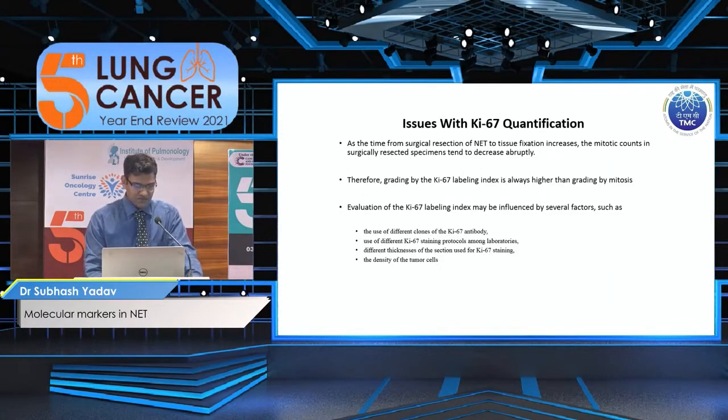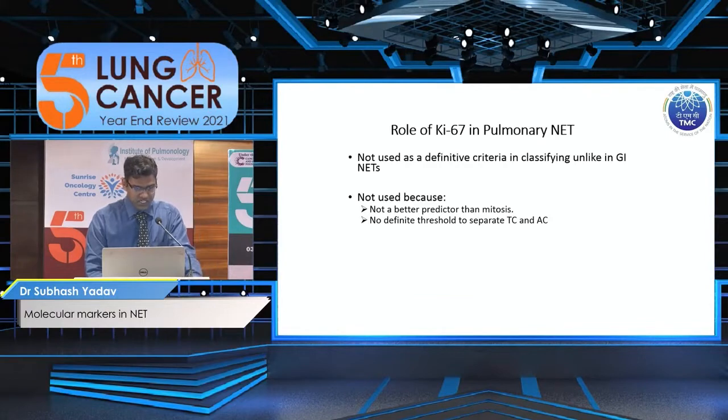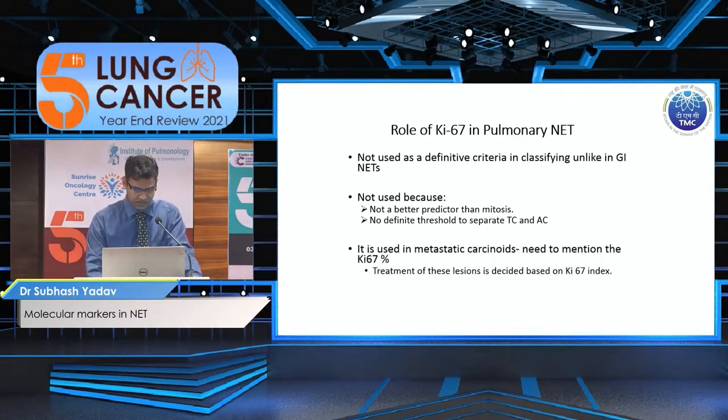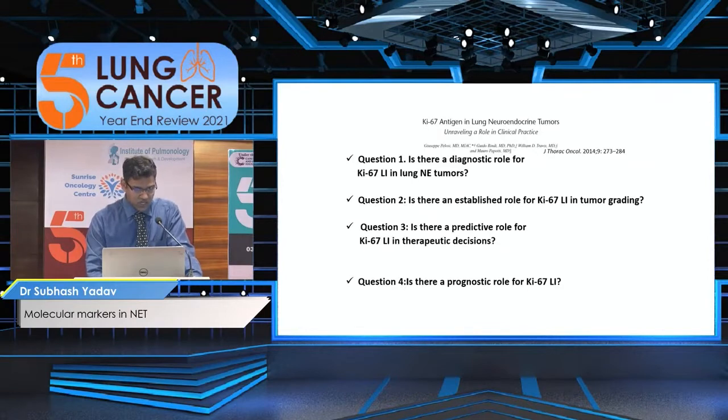For all these reasons, MIB is still not used as an indicator in lung, because it is not a better predictor than mitosis, and there is no specific threshold for typical and atypical carcinoid. So in lung, does it have a role in tumor grading, or any predictive role? No. There may be a prognostic role; if the tumor has a high MIB, you may say that it may not behave properly.